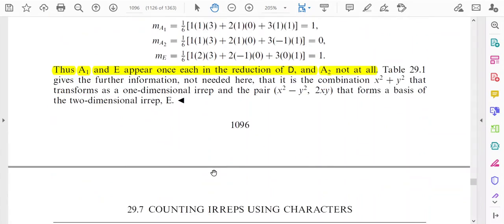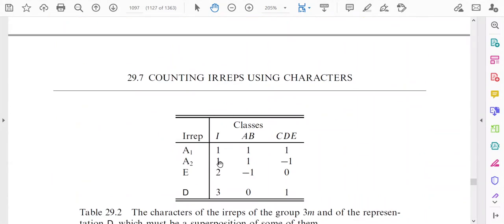Now you see the table here, that is the corrected table, and for D, that is the representation that we have just constructed, we have written the traces here, that is 3, then 0, then 1.